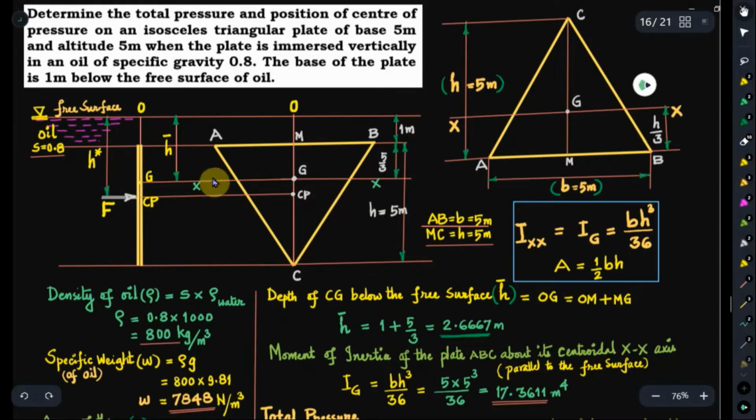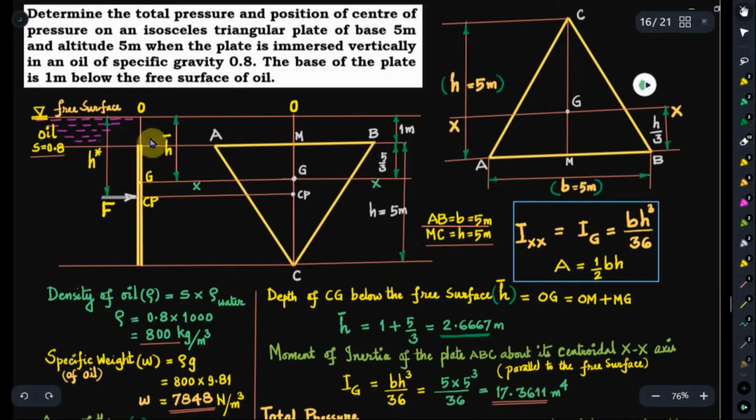See, we have the reference centroidal axis XX here at a distance of 5 by 3 plus 1 meter below the free surface. 0 level, that is the free surface level, is here, and from there 1 meter below we have the base of the triangular lamina, and again from there at a distance of altitude by 3, that is 5 meters divided by 3, that is 1.667 meters, will be the depth of the center of gravity below the base.